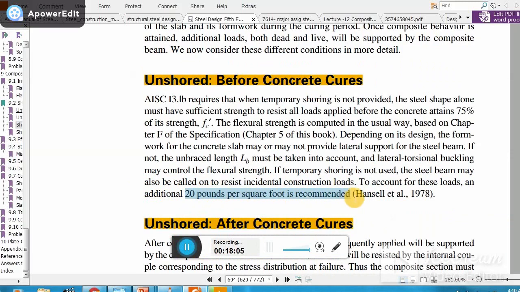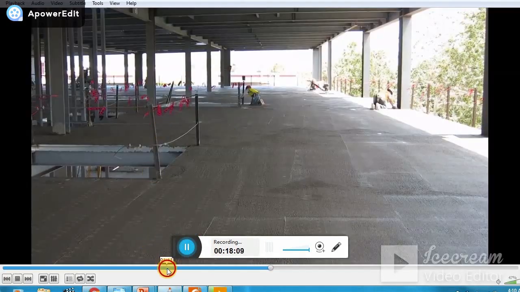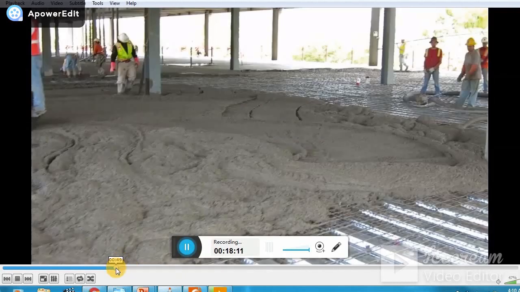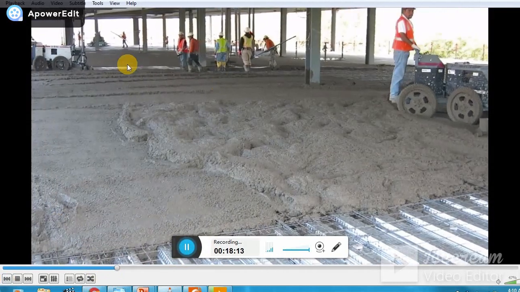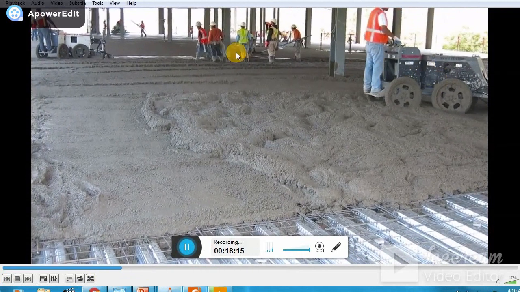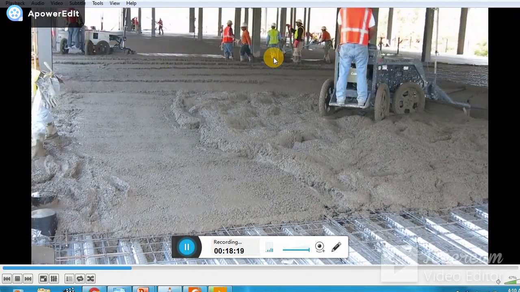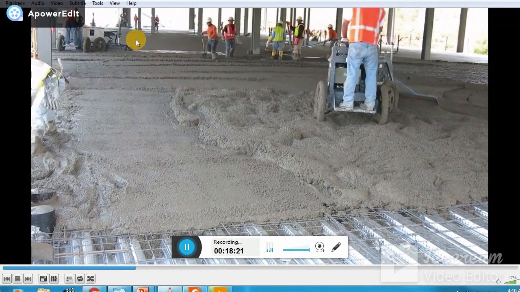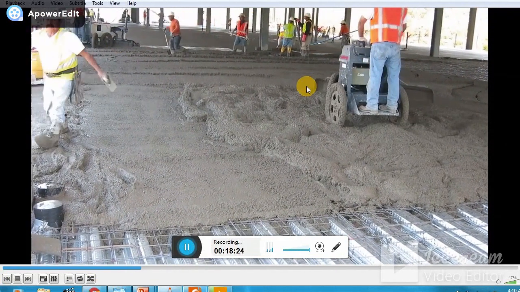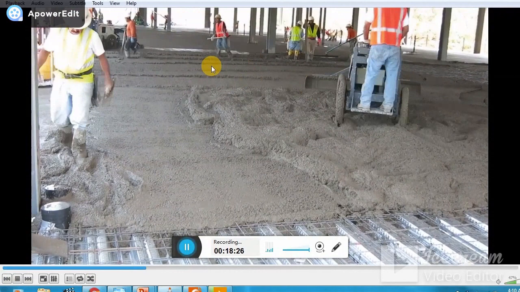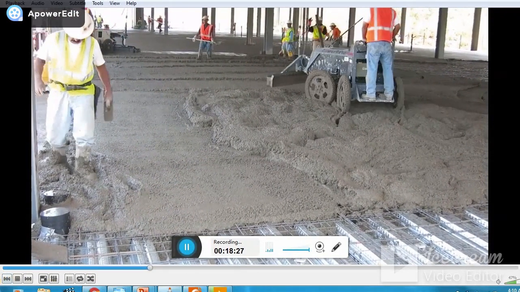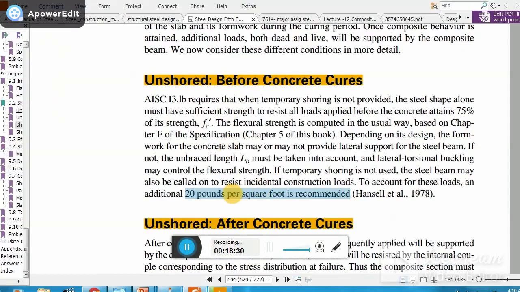You must remember this point. You see the different machinery, which is called construction machinery. These are construction loads, and 20 PSF is basically taken for this kind of loading in your design. Clear? This is a very important point.